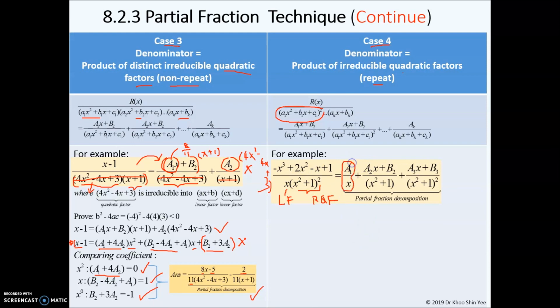At the top is the constant a1. For the quadratic, for the repeated, you have to start from x squared plus 1, and continue up to x squared plus 1 power 2. So you have two terms due to the repeated quadratic factor.